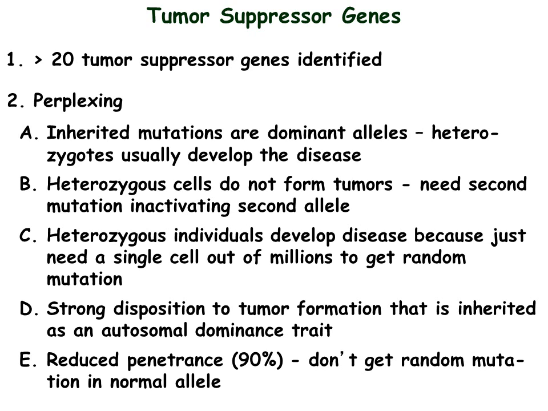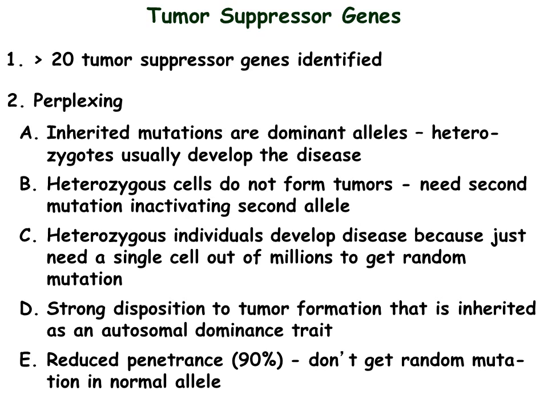So we typically see in inherited cancer syndromes that it's a tumor suppressor gene. Now, the heterozygous cells do not form tumors by themselves, because they need the second mutation, as I said. Heterozygous individuals will develop disease just because they need a single cell out of millions to get another random mutation that happens to be in the same gene.